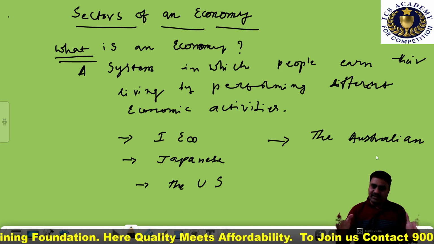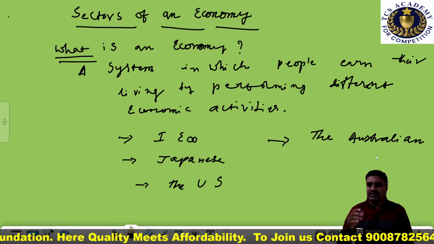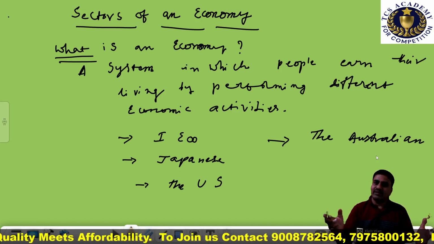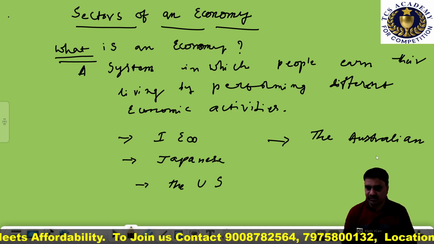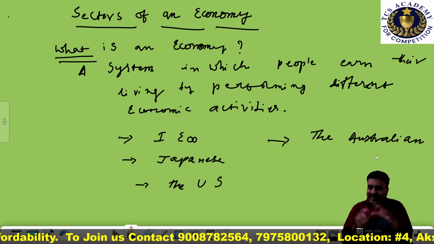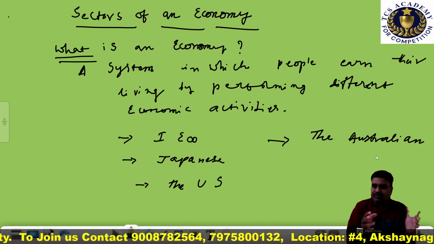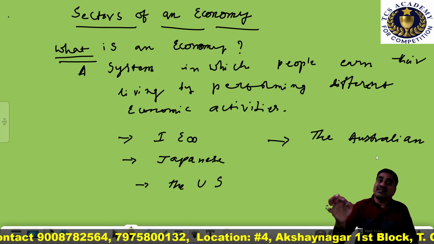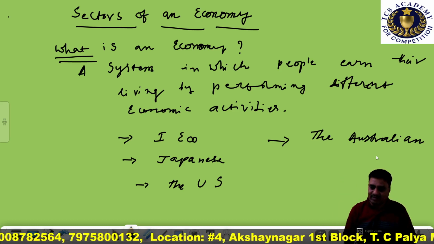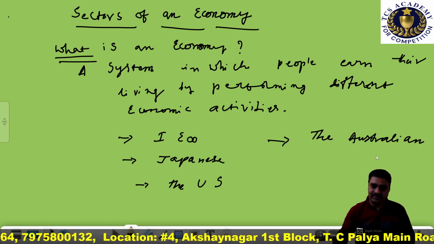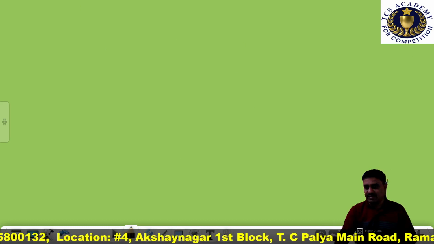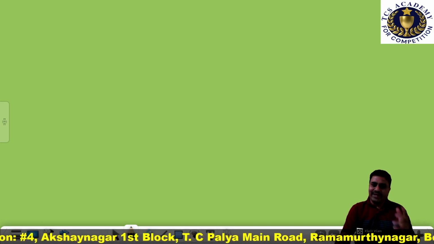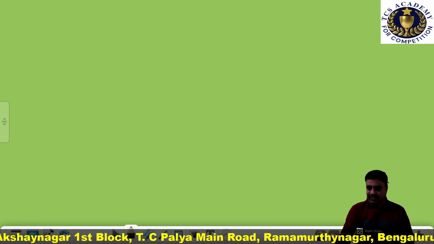An economy is a system in which the people earn their living by performing different economic activities. For example, entire region in which the people perform different economic activities, that particular region we call it as economy. Is that clear? Okay. For example, American economy, Japanese economy, Indian economy, right?